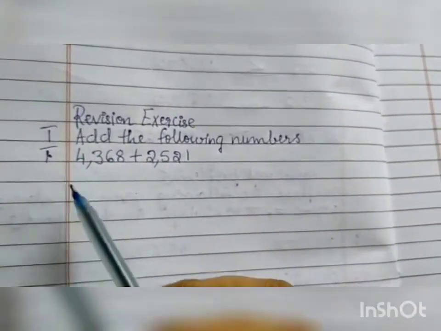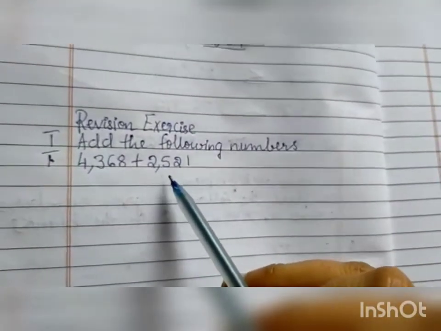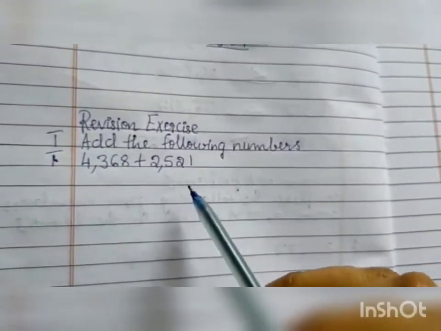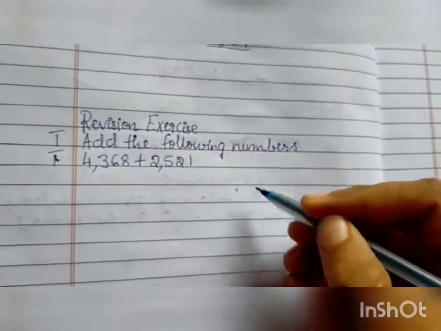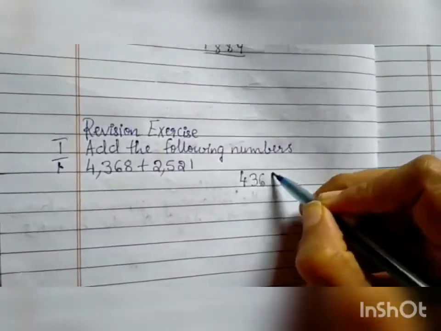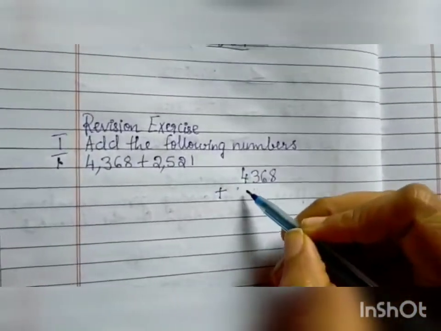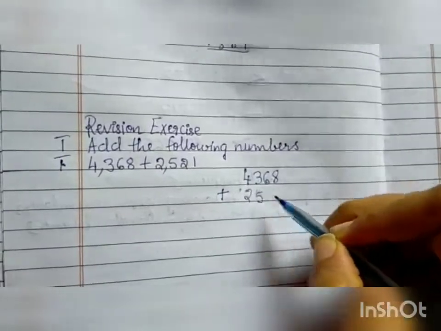The numbers are 4368 plus 2521. Now we need to add both the numbers given here. It is 4368. Always when we add, we use the plus sign, and 2521.